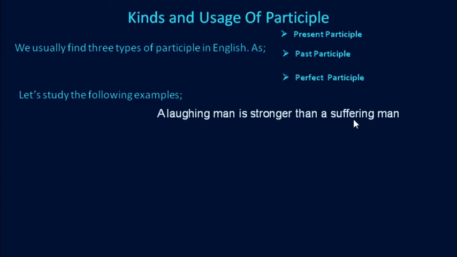In the same way, "suffering man": suffering is a participle that acts as an adjective qualifying a noun, so it is also a present participle. When you see any form of verb put before a noun, that's called a present participle.